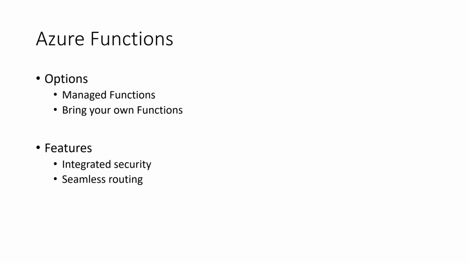It has integrated security. It has seamless routing. This should go in the front end, right? So the front end has integrated security and seamless routing. So you have direct access to user authentication and role-based authorization data, and it makes the API route available to the web app securely without requiring custom CORS rules.